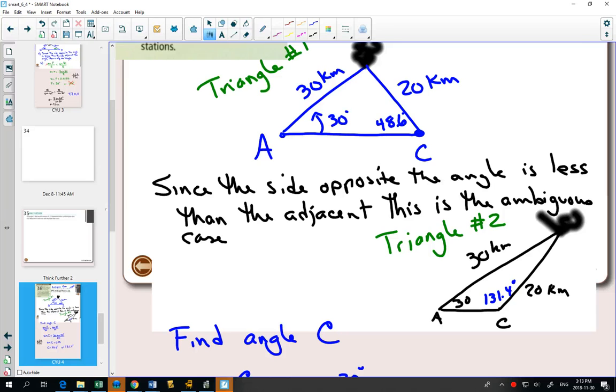Here, since the side opposite the angle is less than the adjacent, so the 20 is less than the 30, it's the ambiguous case. There might be 2 triangles. It's not guaranteed that there's 2 triangles. See, when you swing this 20 around, this 20 could have also been right there, making this other triangle.